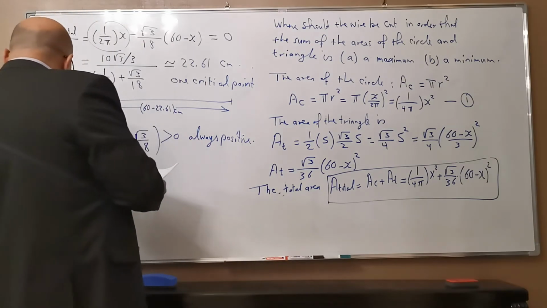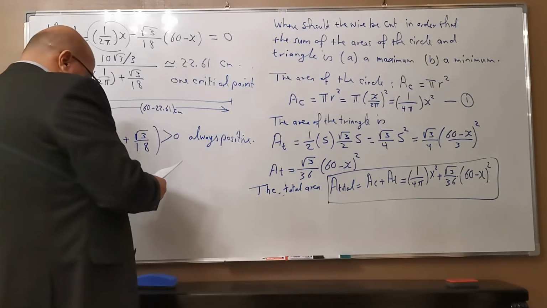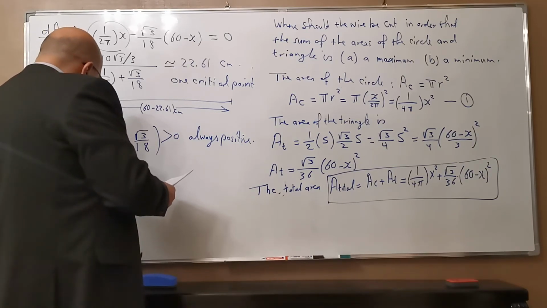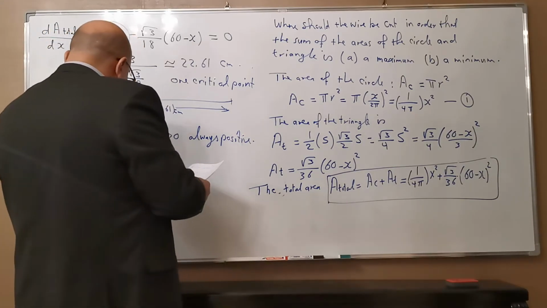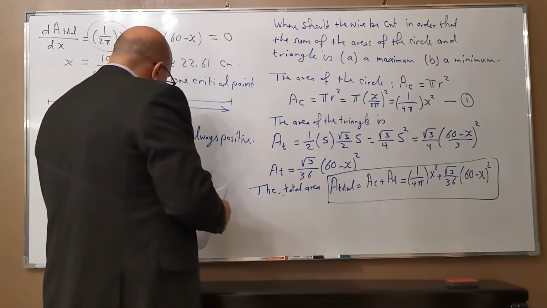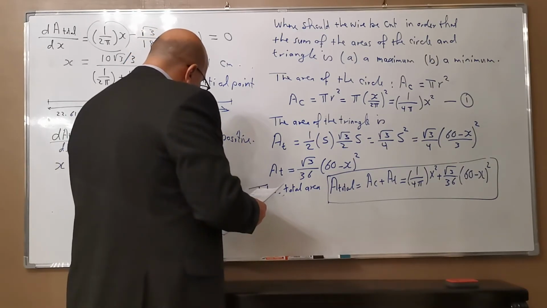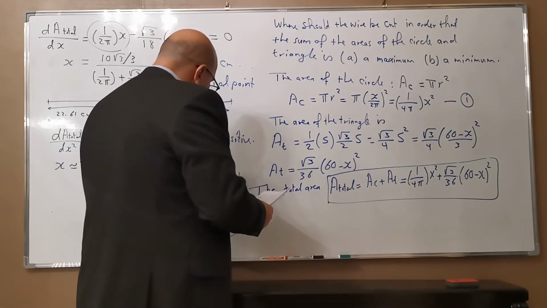So x equals 22.61 yields a minimum value of A total.